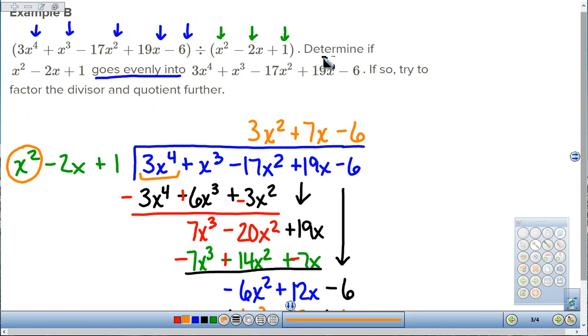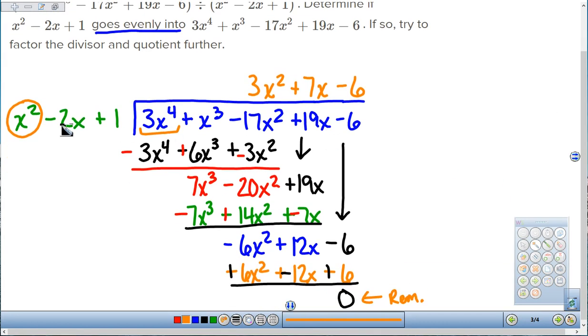So the first question says, determine if this x squared minus 2x plus 1 goes evenly into this polynomial. The answer to that is yes, okay? Which means x squared minus 2x plus 1 is a factor of that polynomial. So I'm going to write this out.